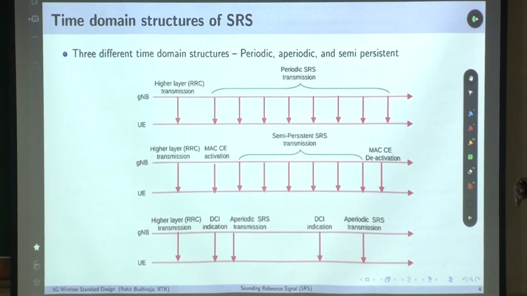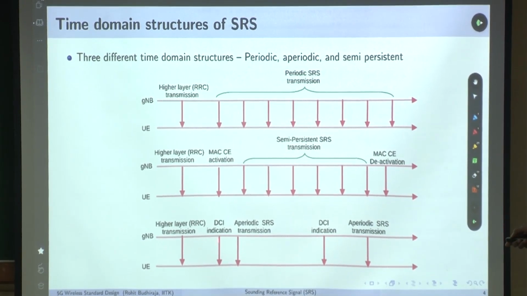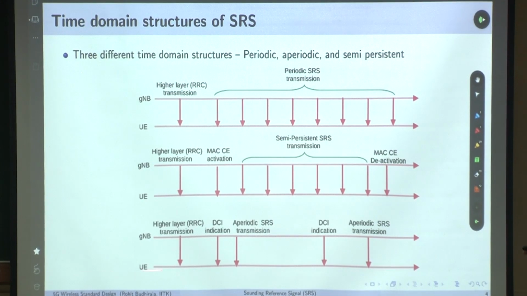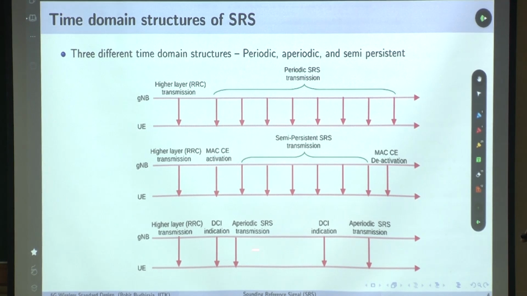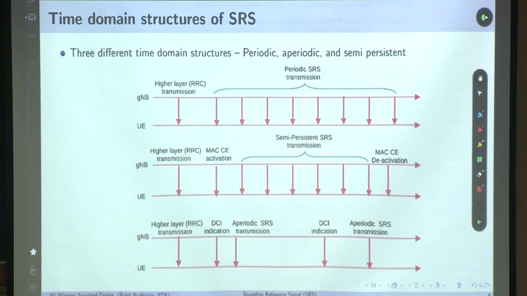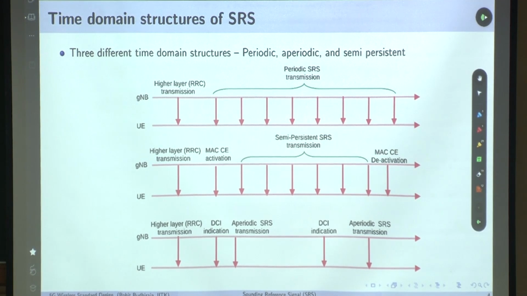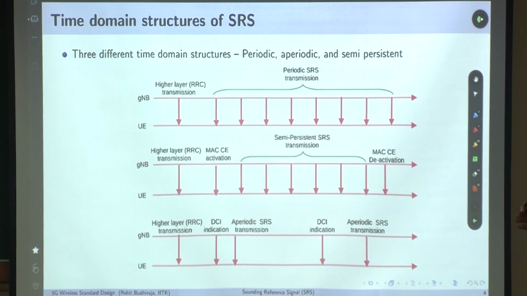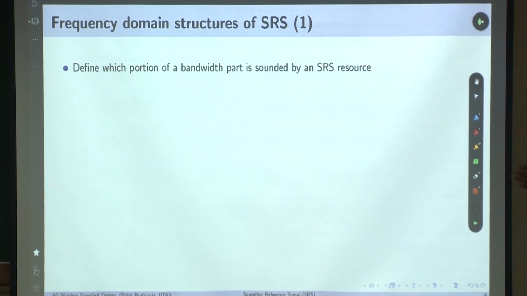It's only RRC. Here MAC gets involved. Here it is happening at the physical layer level. Whenever SRS needs to be transmitted, the DCI needs to be transmitted before that, which indicates where the SRS has to be transmitted and for how long. So these are three different time domain structures. Fine, so that was the time domain structure.